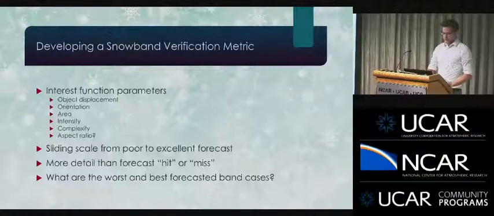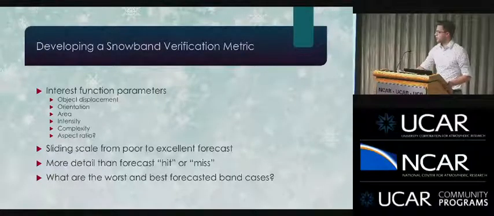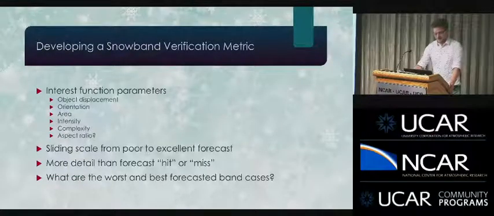We define some parameters into an interest function based on object properties, for example the object displacement between the forecast and the observation, and differences in orientation, area, intensity, complexity, and hopefully soon aspect ratio. It's up to us how we weight these different parameters. So what we want to do is get some forecaster input about what forecasters actually care about in terms of snow bands.